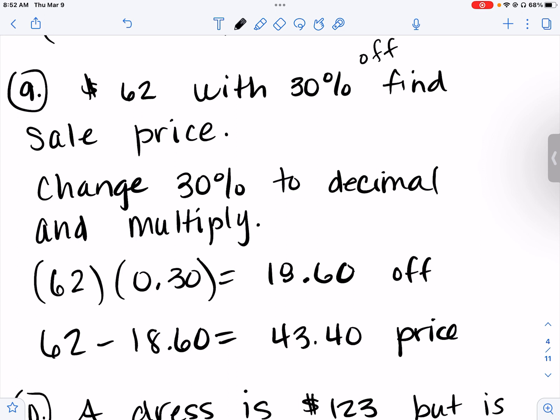So we're going to change 30% to a decimal and multiply. That's 0.30. So 62 times 0.30 is 18.60, but that's 30% off. So we take the original price, 62, subtract the discount price of 18.60, and that gives us $43.40 will be our price.